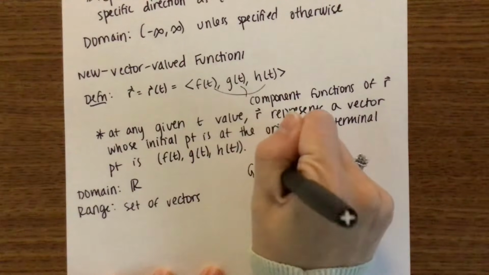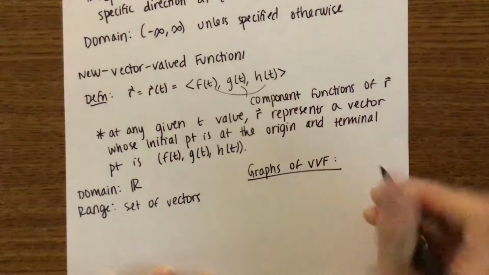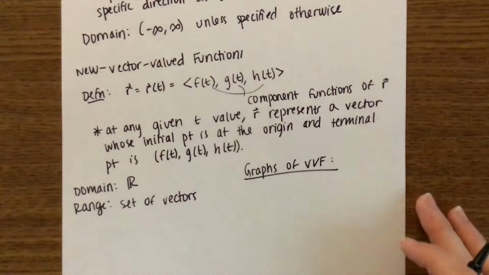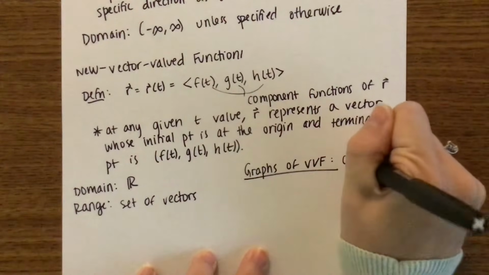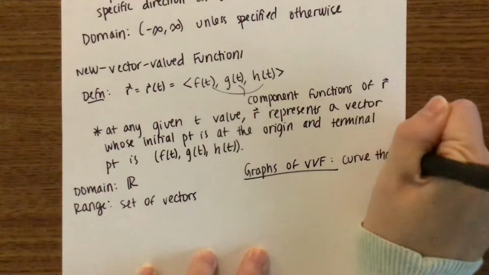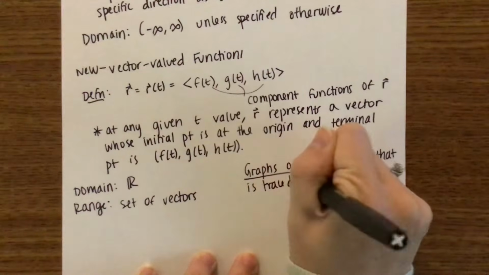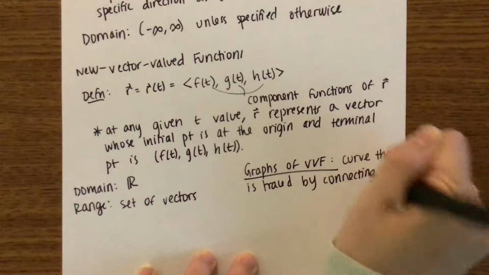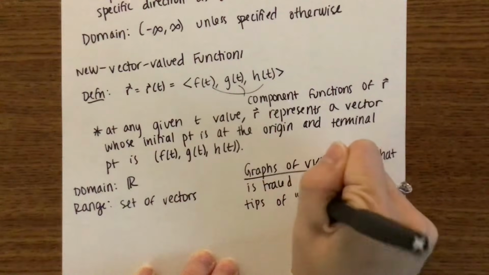So in terms of a graph of a vector valued function, from now on, I'm going to use VVF. That means vector valued function. The graph of a vector valued function is going to be a curve that is traced by connecting what I'm going to call the tips of the radius vectors.